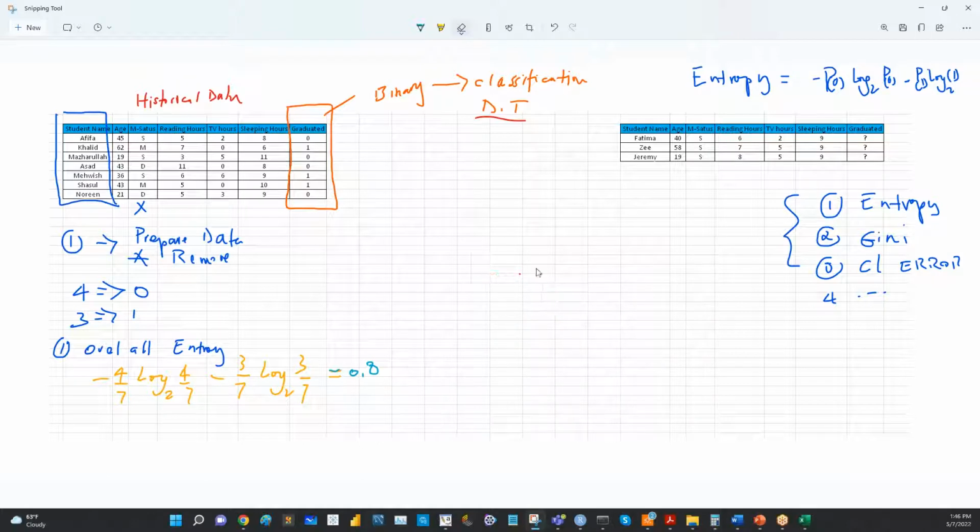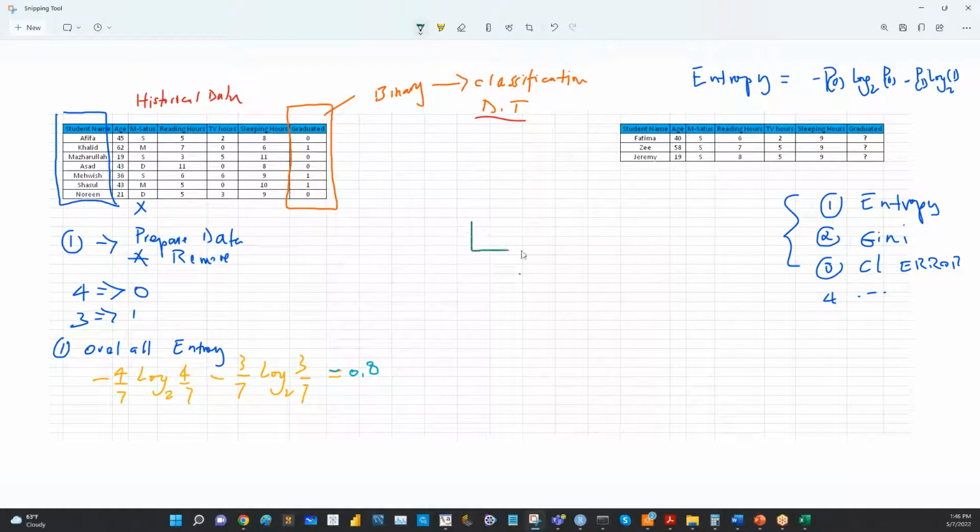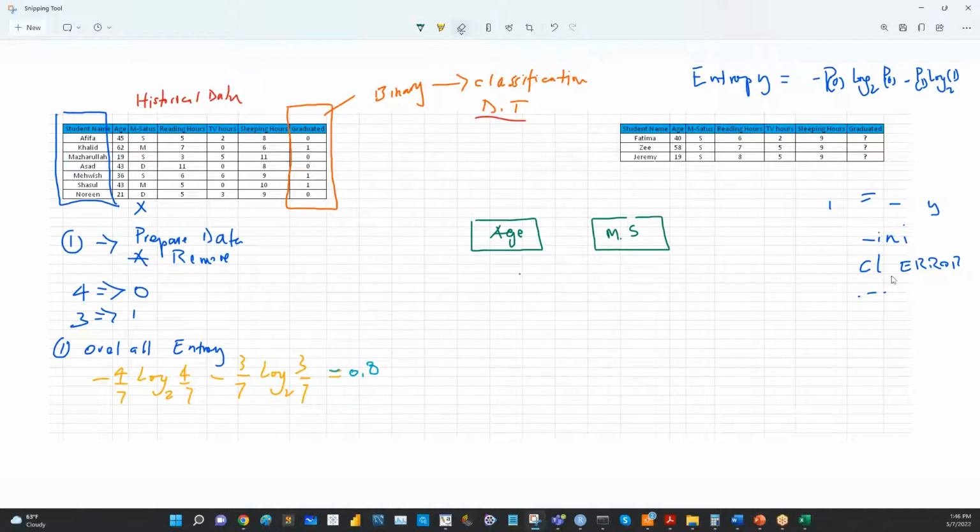In other words, the decision tree is going to split our data on age, on marital status, on reading hours, TV hours, etc.